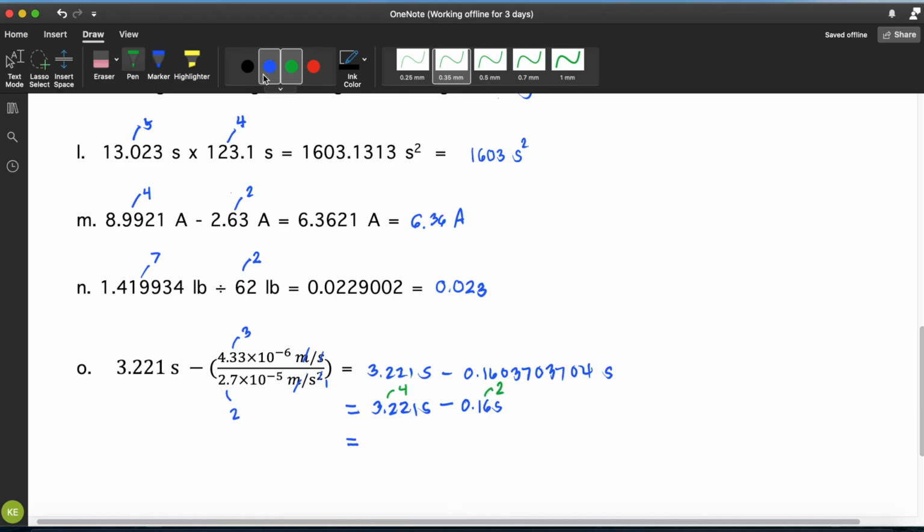So your answer would be 3.0606 and so on seconds. So the final answer rather would be 3.06 seconds. So this would be its final answer.